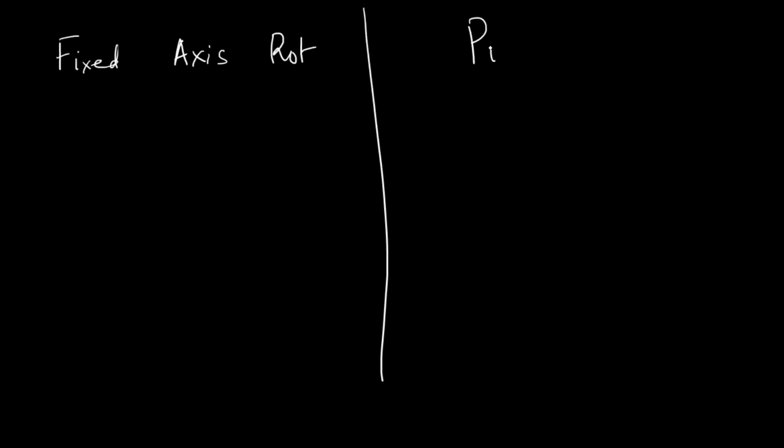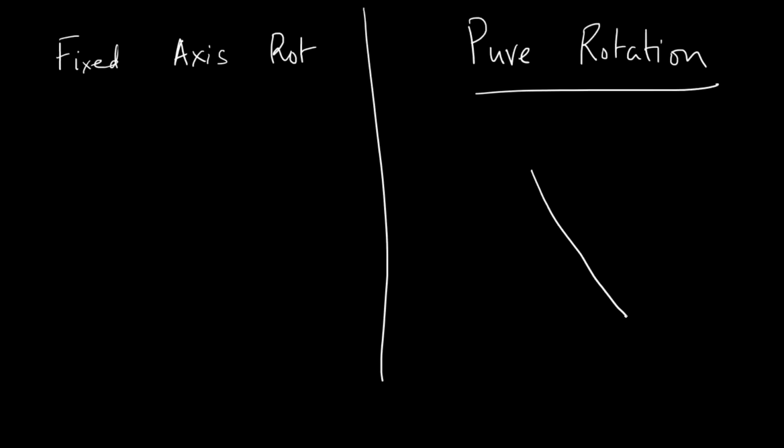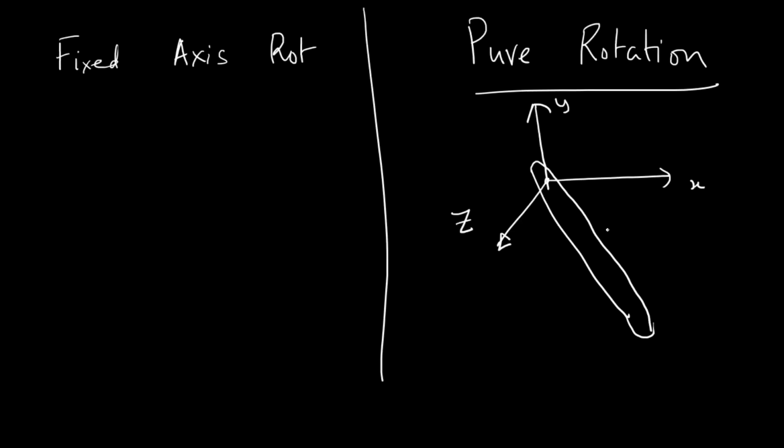What we found is that we are able to do problems in pure rotation. Let's stick to the difference by a classic example. We have this scale and it's pivoted here, fixed, and the z-axis is the axis of fixed pure rotation, and that's our convention. And the scale rotates about this pivot.